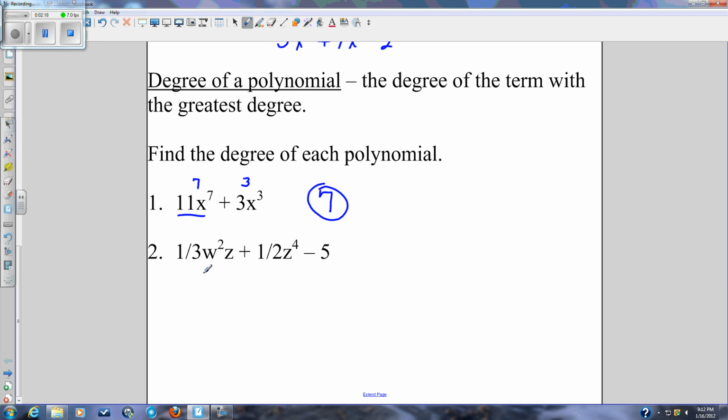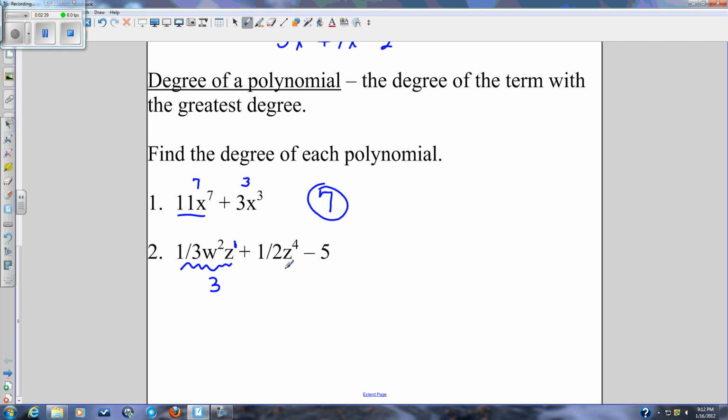Now, this next example, 1/3 w squared z plus 1/2 z to the 4th minus 5. Now remember, if we don't have an exponent listed on a variable, it would be a 1. So our first term, we add together the exponents on the variables, so we have 3.